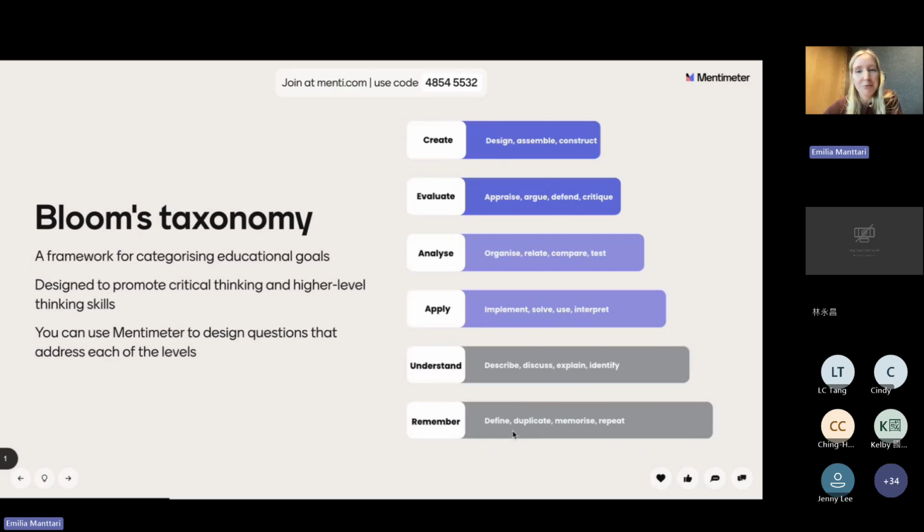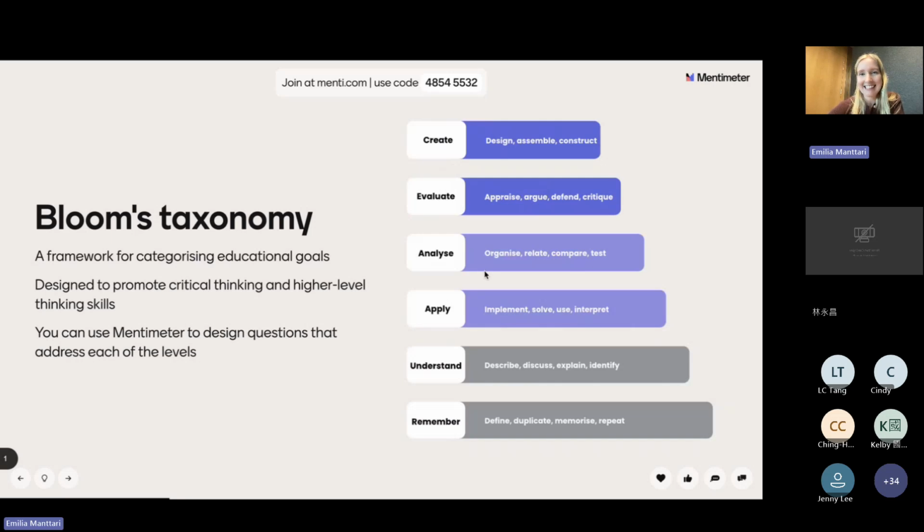So level 1 would be remember, and that's really about memorizing the things that are taught. Then the second level would be understand, and that's really where you start to dig a little bit deeper and discuss, explain the ideas and so on. Then the third level is apply, where you start to use the concepts that you've learned, implement them, maybe solve some problems, and interpret different areas of that topic.